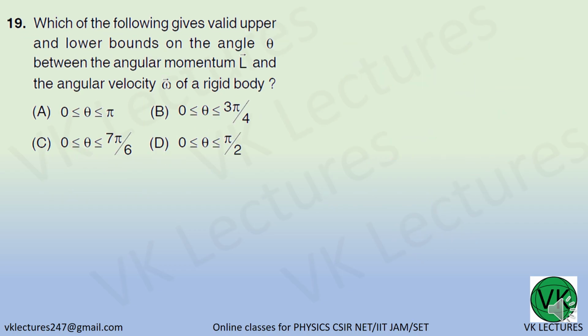Question 19. Which of the following gives valid upper and lower bounds on the angle theta between the angular momentum L and the angular velocity omega of the rigid body? Now let's take the relation between the angular momentum L and the angular velocity omega. So L is equal to I omega, where I is the moment of inertia.